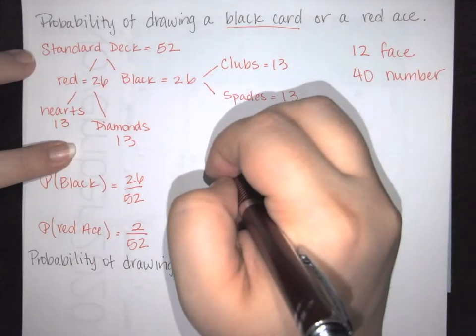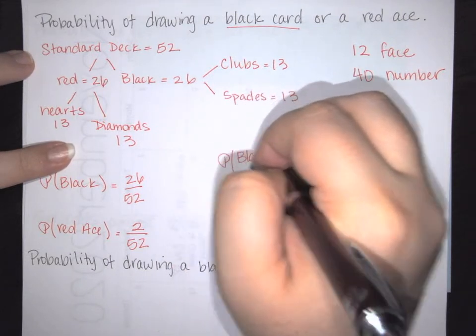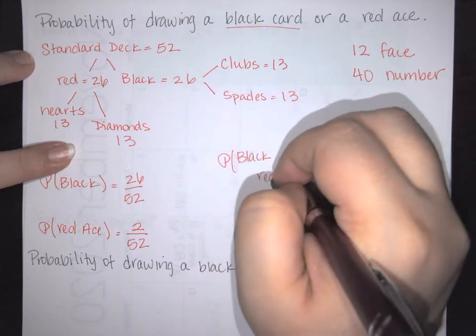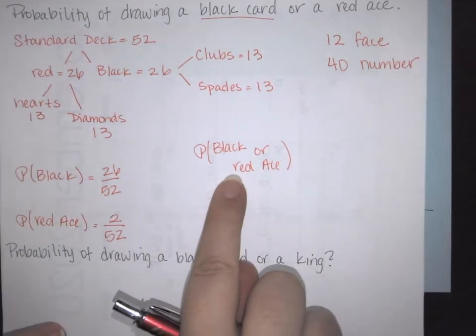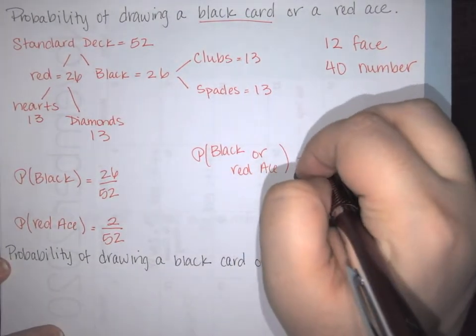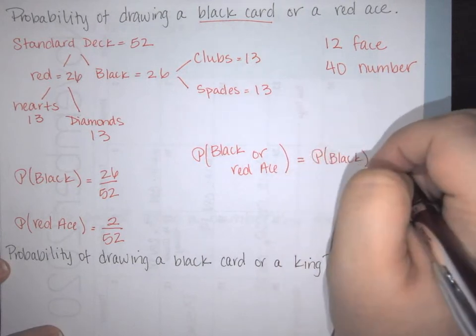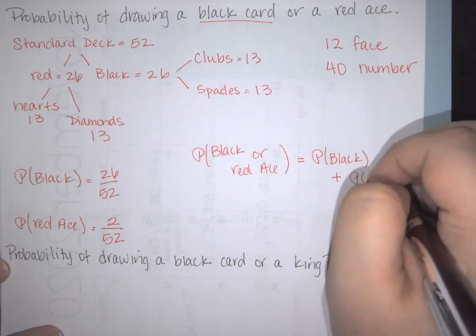So here, the probability of drawing the black or a red ace, and notice I'm writing my probability event as specific as I can. Well, this is going to be the probability of black plus the probability of the red ace.